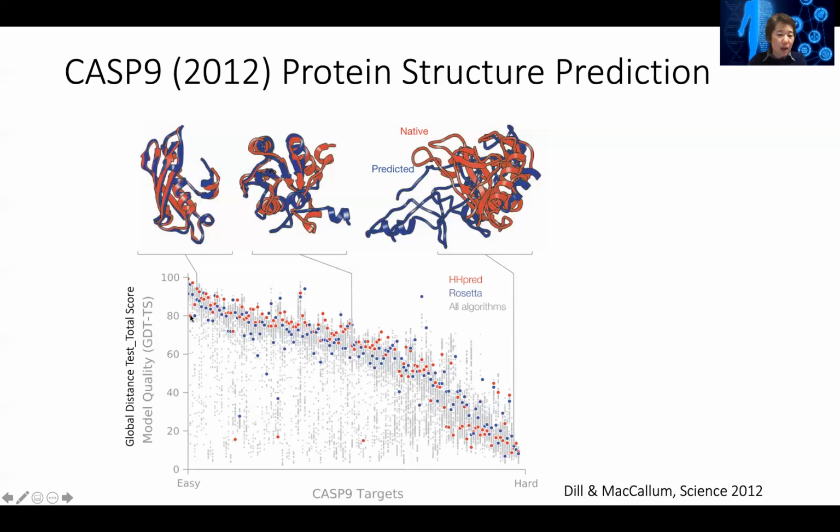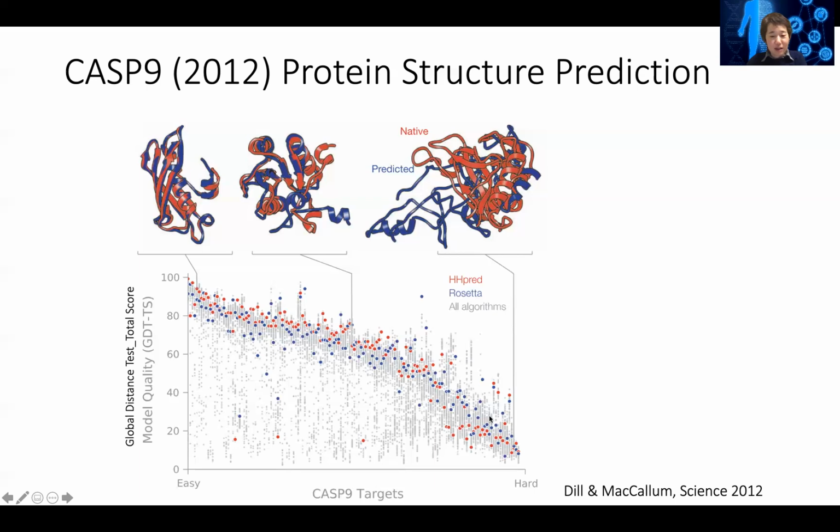And so you can see when the global distance test gives you a score above 90%, the correct structure, which is drawn in red here, versus the predicted structure, are highly similar. You can see the structures are aligned very, very well.